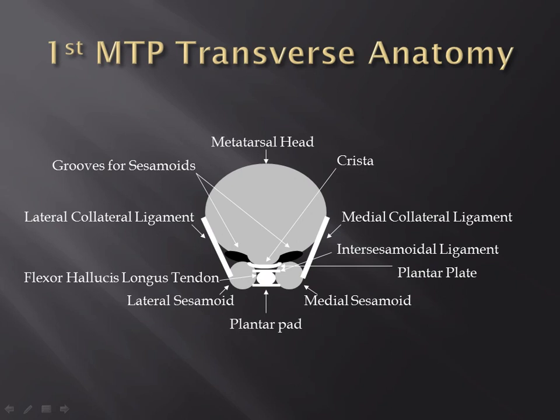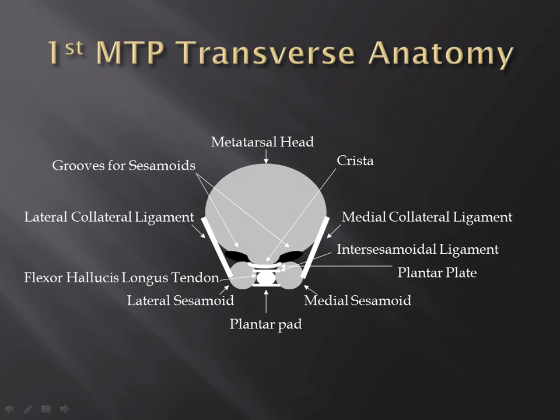In the transverse diagram, now taken through the level of the sesamoids, you can see the metatarsal head, the central crista with the articular surfaces for each sesamoid on either side, the lateral or fibular hallux sesamoid, and the tibial, connected between the two with the intersesamoid ligament. Just superficial to that is the flexor hallucis longus tendon, which is diagrammed as this round structure. Deep to that is the plantar plate.